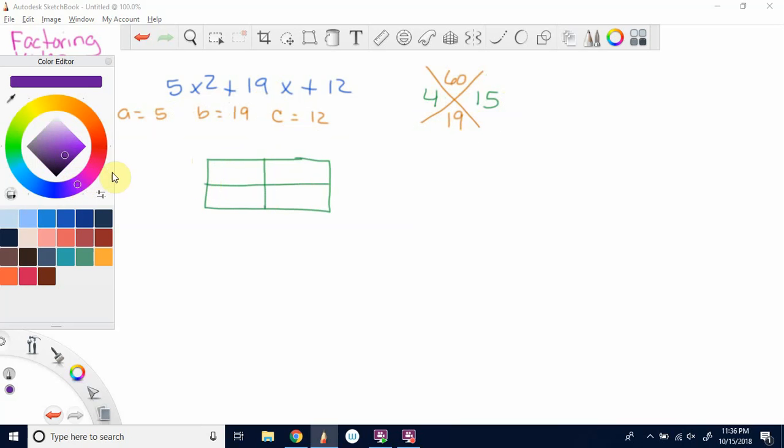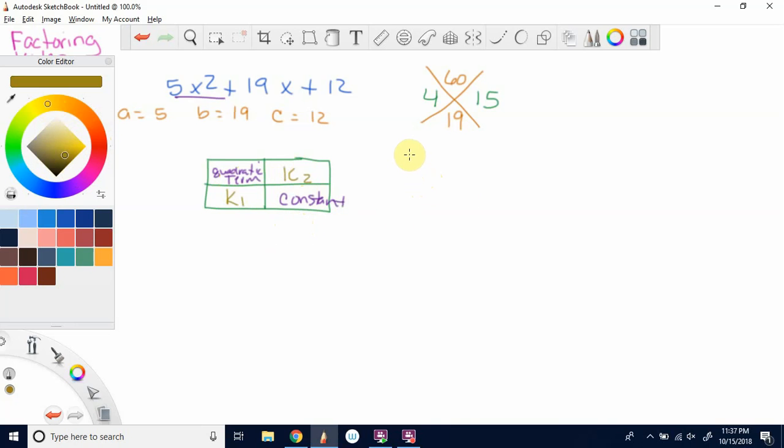So we're going to put the quadratic term here. We're going to put the constant term here. And then guess what's going here? k1 and k2. Okay, so this is your little formula for the box method.